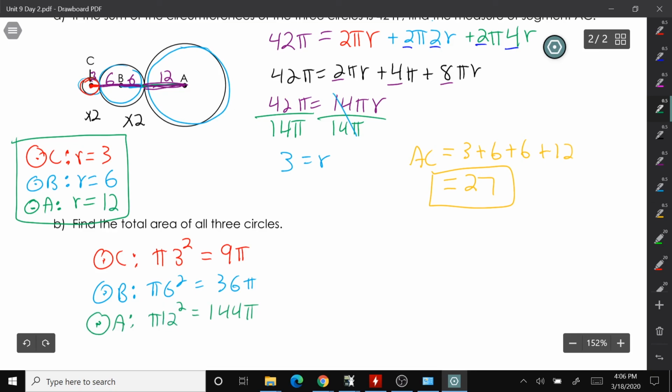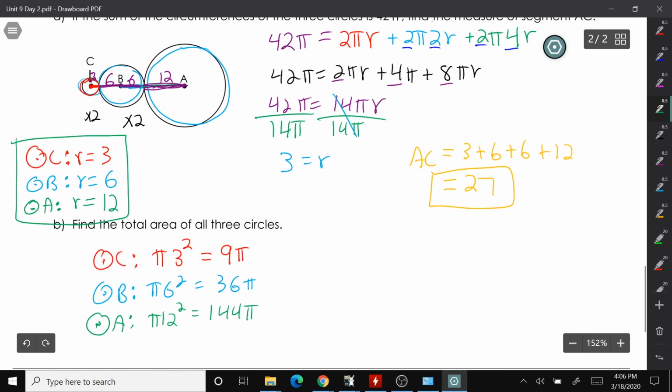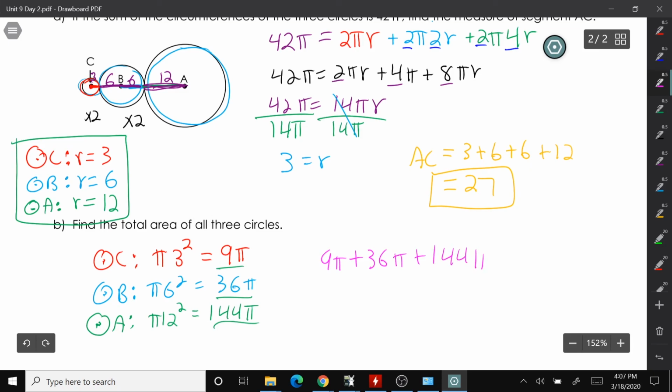So now I have to add these all up because the question's saying what is the total area of all three circles. So 9 pi plus 36 pi plus 144 pi, that will equal 189 pi.